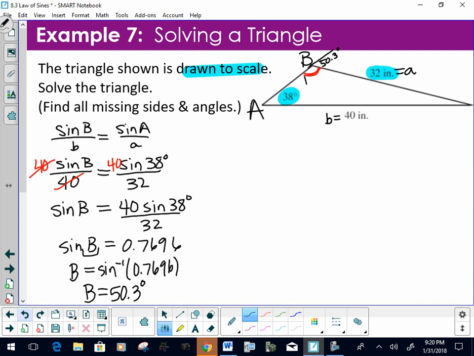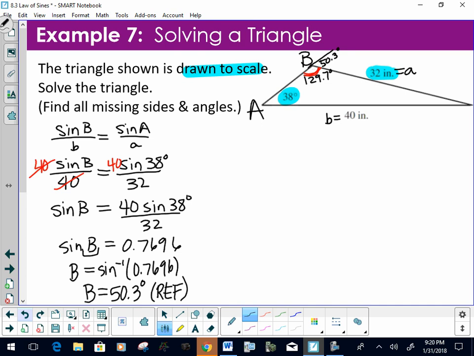So our angle B is actually going to be 129.7 degrees. And again, the only reason that I knew that it was the reference and not the angle itself was because my diagram is drawn to scale. So we found angle B to be 129.7.